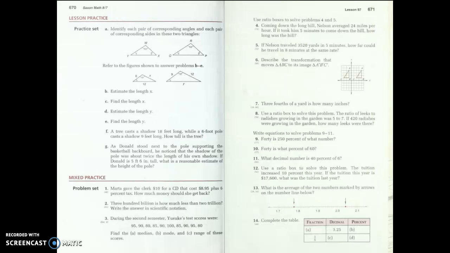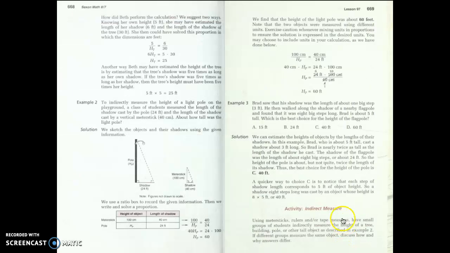Use your measuring tape to measure your shadow, and using your shadow, see if you can figure out the height of a much taller building. I wish I could go do it with you, but get outside, breathe some fresh air, and get a couple of activities done while you're outside.